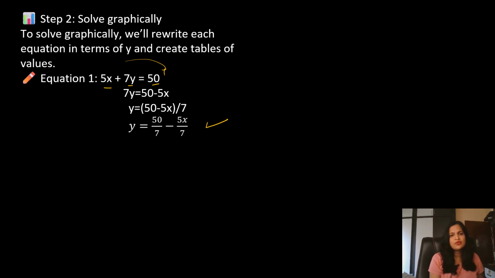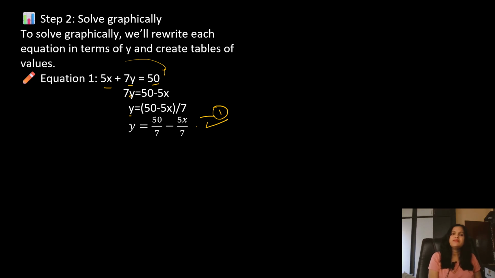That's why 7y is equal to 50 minus 5x. If you want to isolate y, then bring this 7 to the other side. Here it is multiplication; when it comes to the opposite side of the equal sign, it becomes division. That's why y equals 50 minus 5x, whole divided by 7. This is the first line equation for your graph.